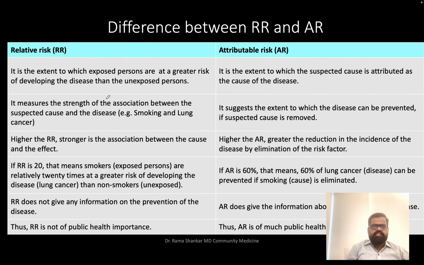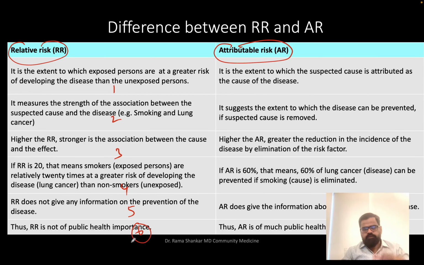Now just a question which comes normally: what is the difference between relative risk and attributable risk? You know everything. There are 6 points I have made here, but you don't need to remember all this. It is very easy. What is relative risk? It is the ratio of exposed and non-exposed incidence, as you know. What is attributable risk? It is the extent to which I am attributing the suspected cause as the cause of the disease.